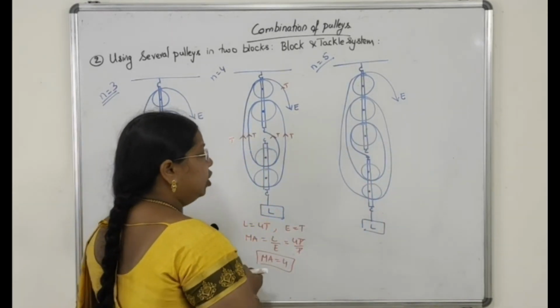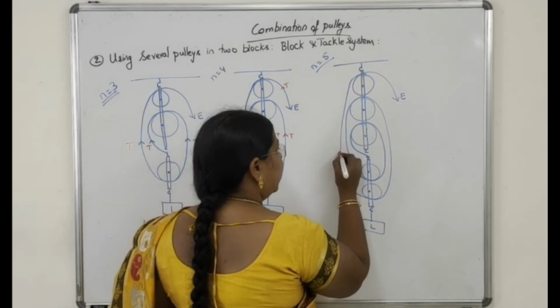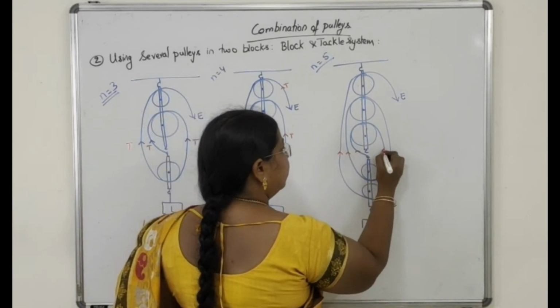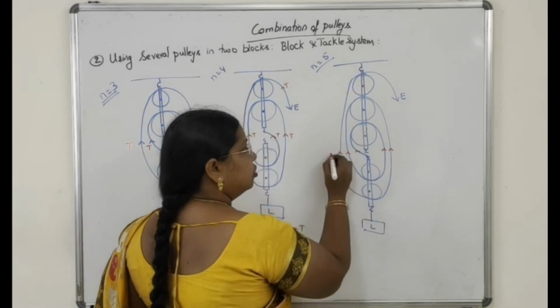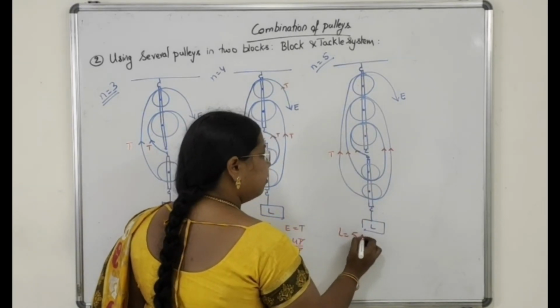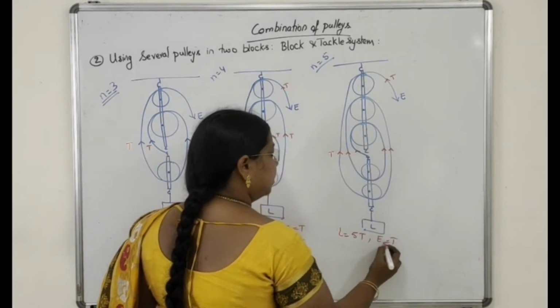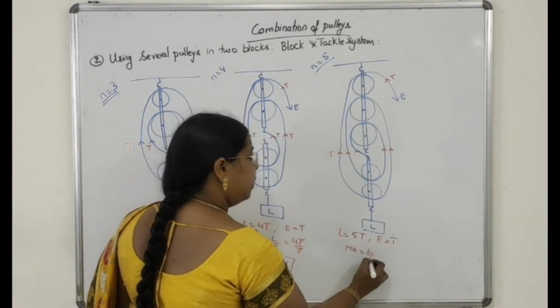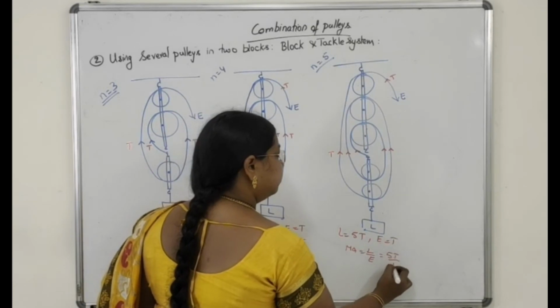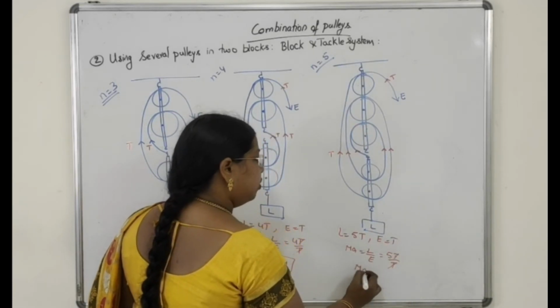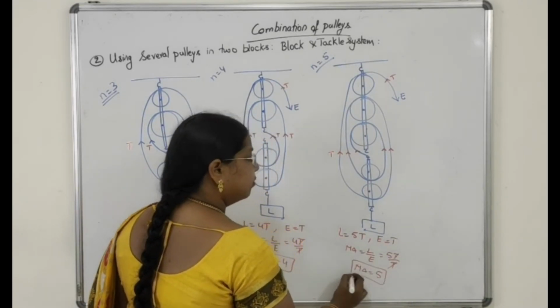So now you see the load is supported by 1, 2, 3, 4, 5. So your load is equal to 5T and your effort is equal to T. MA is equal to load by effort, 5T by T. T, T cancels. So MA is equal to 5.